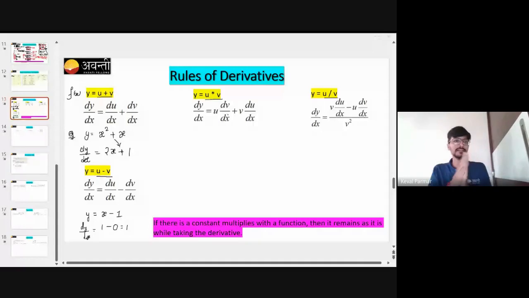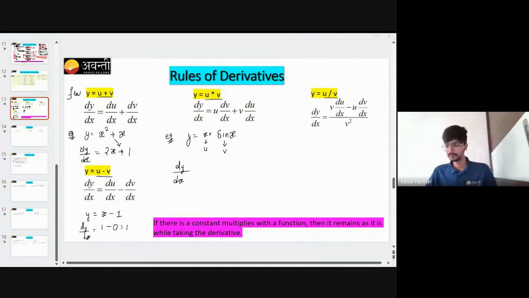So basically, if I take a simple example of y is equal to x into c, let us take this as dy by dx.